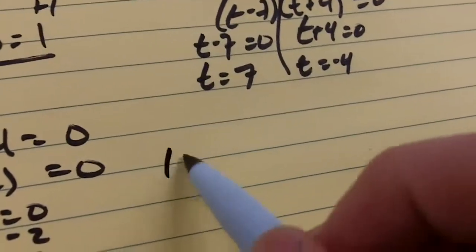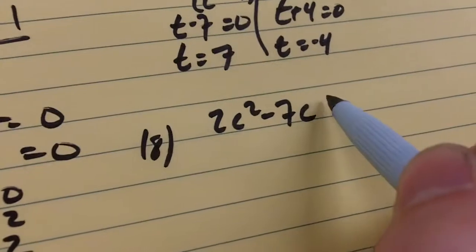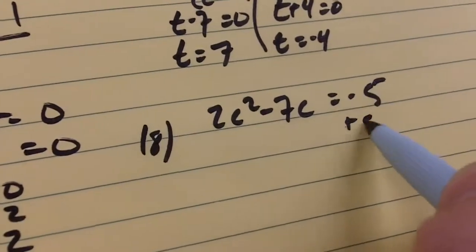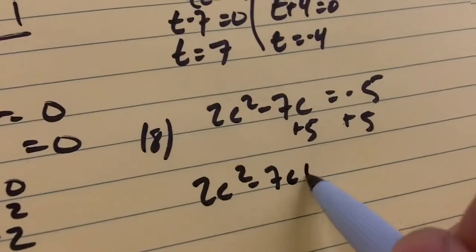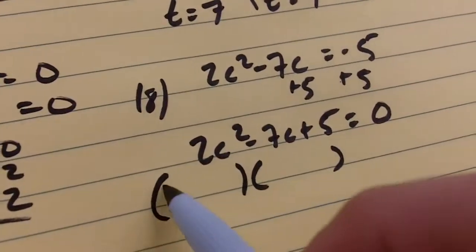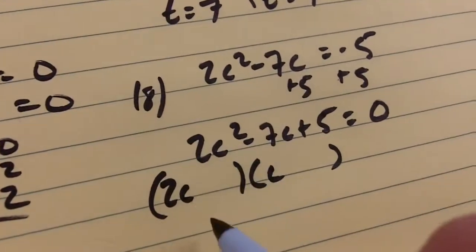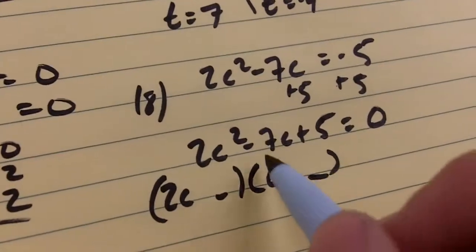18. It says 2c squared minus 7c equals -5. I'm going to add 5 to both sides. 2c squared minus 7c plus 5 equals 0. Okay, in this one I'm going to have to find numbers that are going to work. 2c times c is 2c squared. The last two numbers have to multiply to +5 and add to -7.